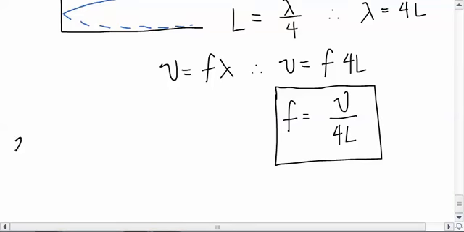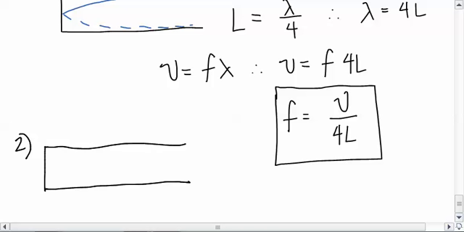So the second one I can make has a node, antinode, node, antinode. There we go. It's not very pretty. Looks better.